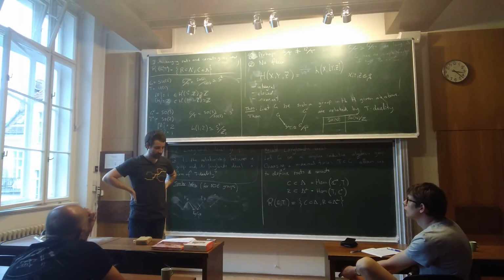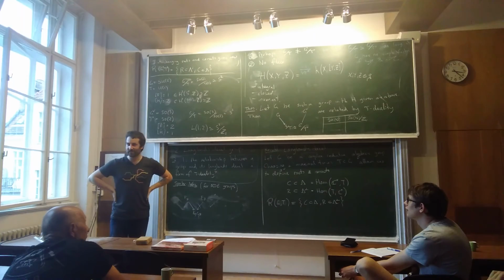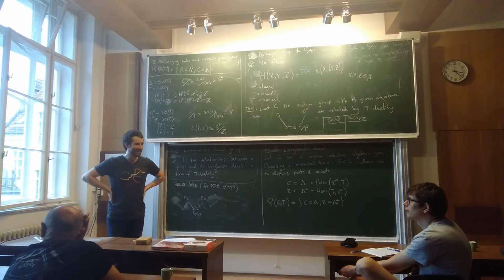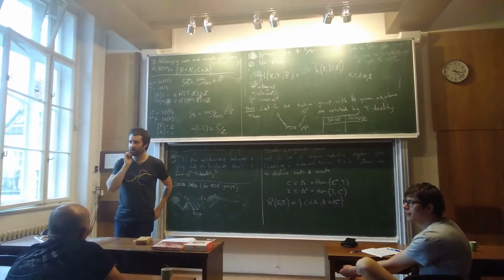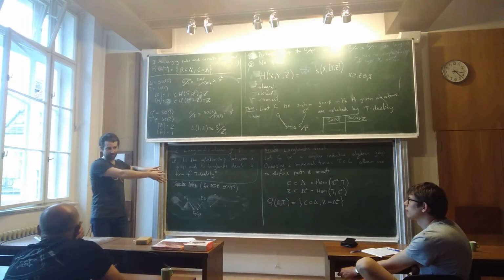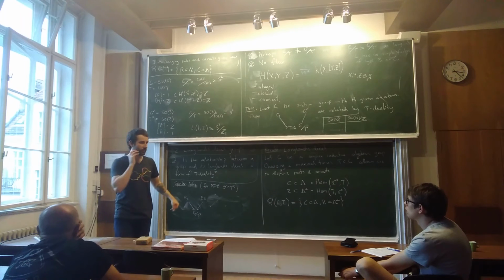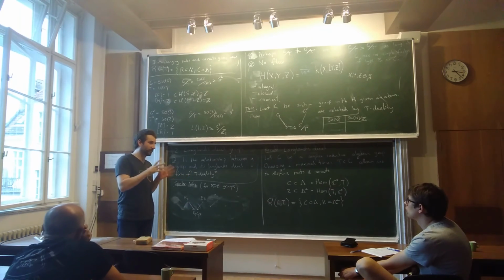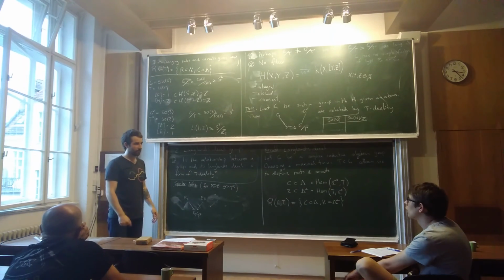Is E7 self-dual? Well, what's the Langlands dual of E7? Whatever the Langlands dual of E7 is, that's what the T-dual of it is if you take the Cartan 3-form.